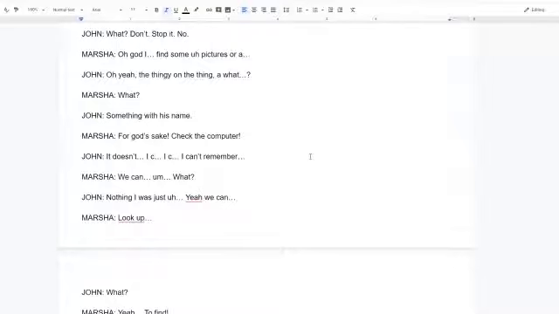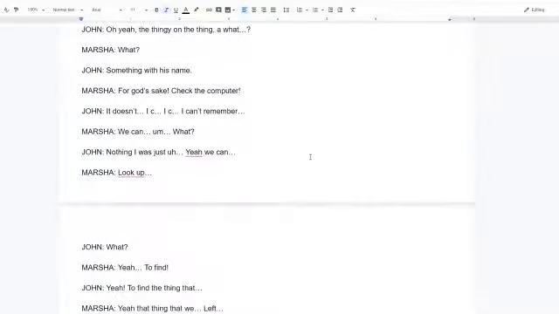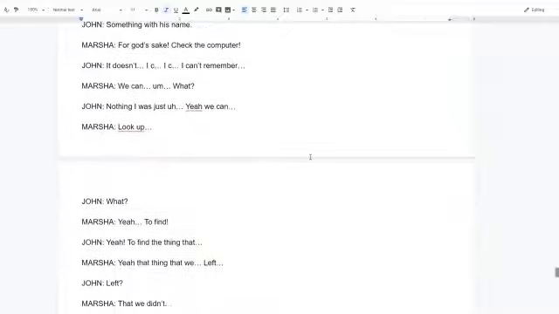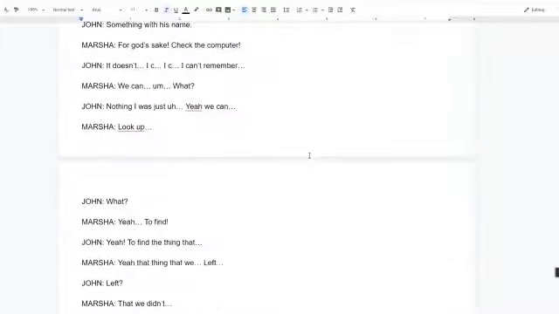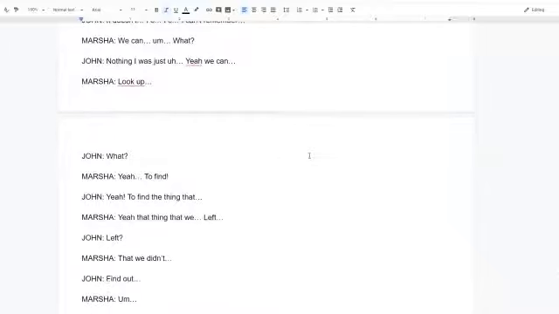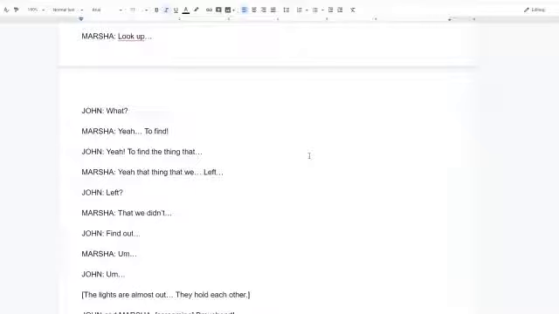thingy on the thing. Oh, a what? What? Something with his name. For God's sake, check the computer. I can't remember. We can. What? Nothing. I was just. Yeah, we can.